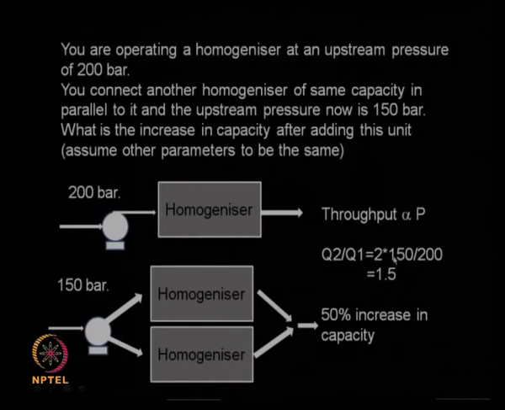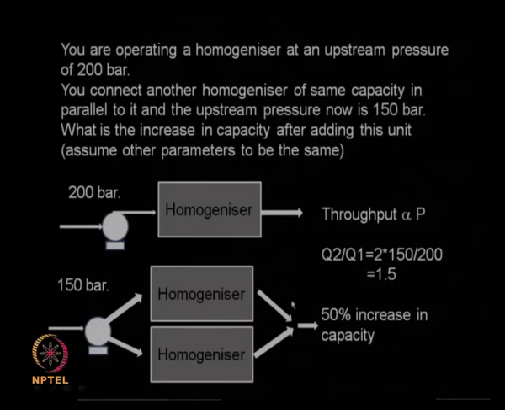Do you understand this? Q2 is the capacity of this particular system, Q1 is the capacity of this particular system. So Q2 by Q1 will be equal to, I put a 2 here because there are two homogenizers. Now the pressure here is 150 bar, the pressure there is 200 bar, that is why I put 150 here and 200 here. When I do that I will get 1.5.